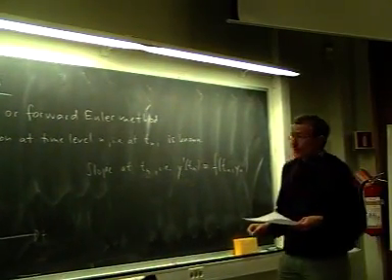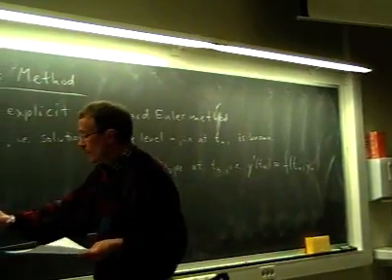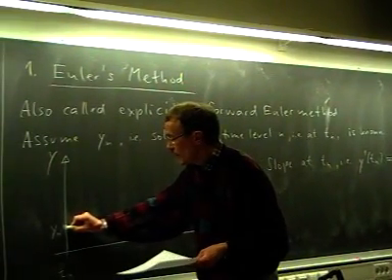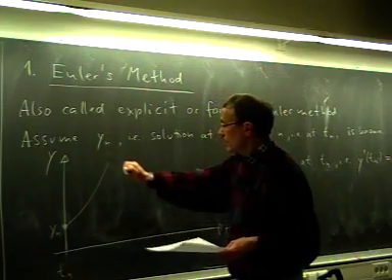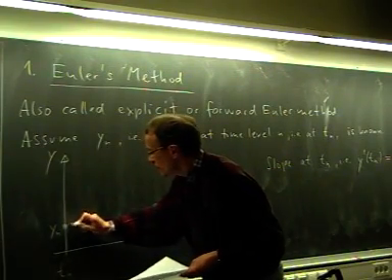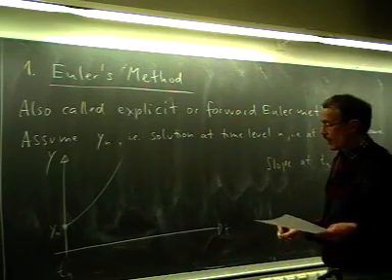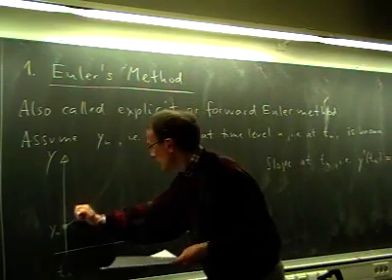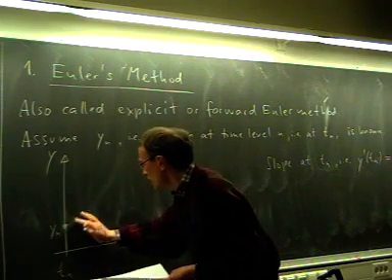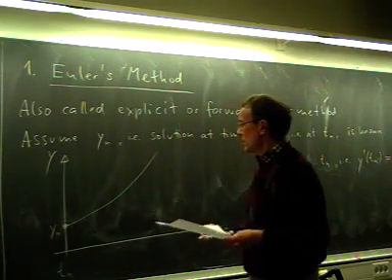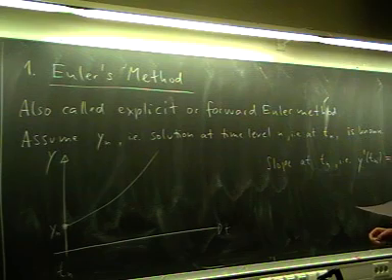And that is used. So suppose the exact solution would be, we don't know the exact solution, let's say maybe it would be something like that. But what we know is the slope.